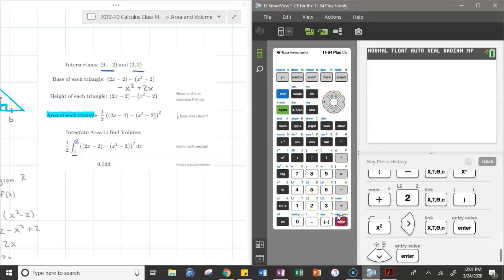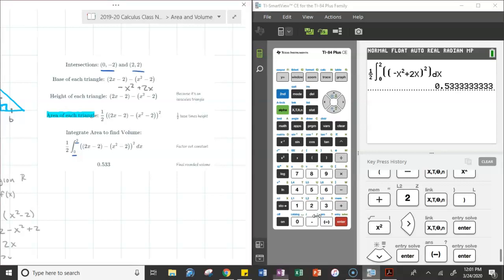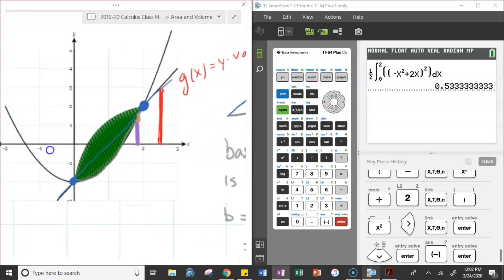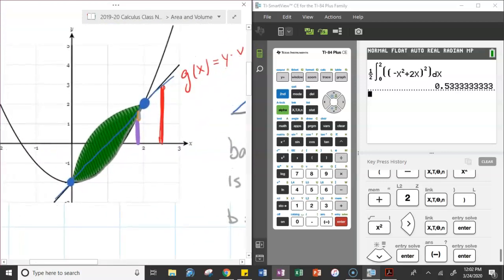Oh, I hit minus instead of negative. So the volume of that region is 0.533 units cubed. It's the volume of this region coming off the base, creating isosceles right triangles with the same base and height from 0 to 2.